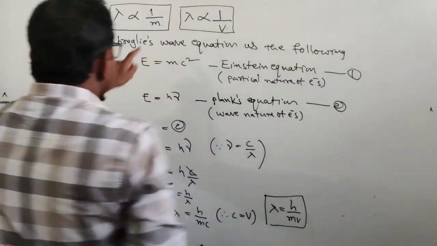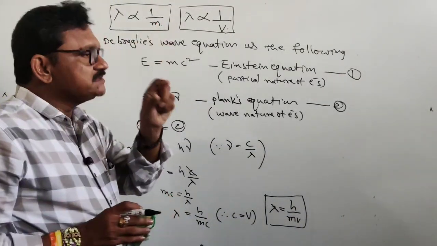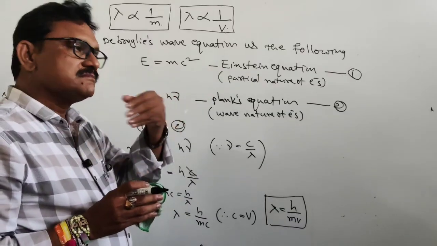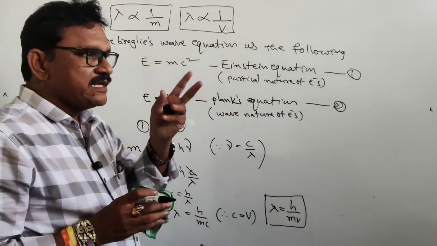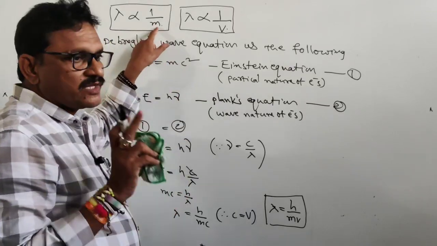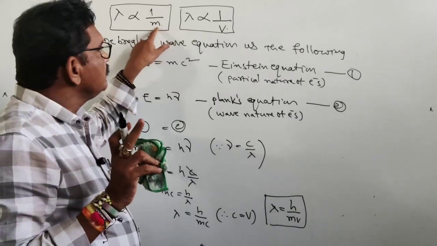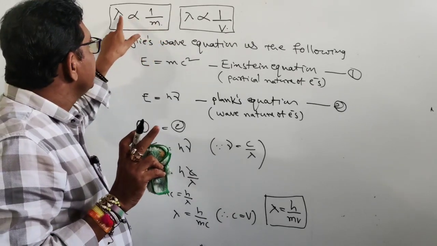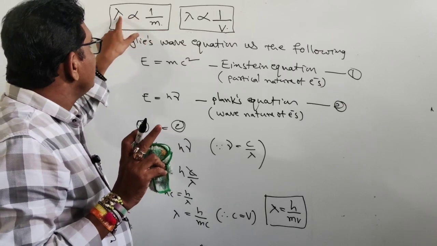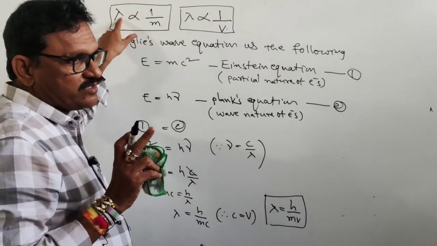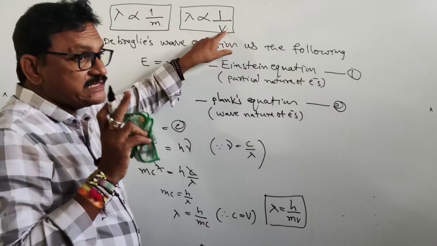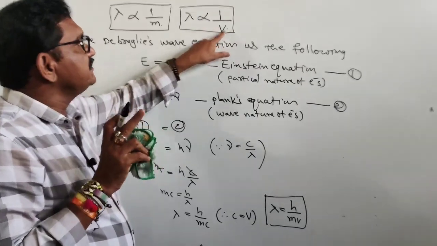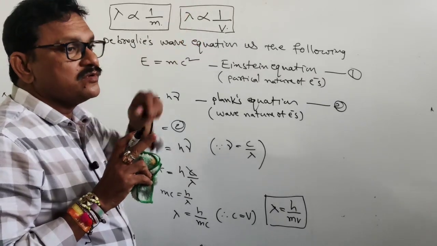Whenever a charged body revolves around the nucleus, maybe an electron, a microparticle, or sometimes a macroparticle, for example, the revolving micro one can have low mass, then that can have more wavelength. In the same way, if the velocity of the electron is more, then that can have low wavelength.